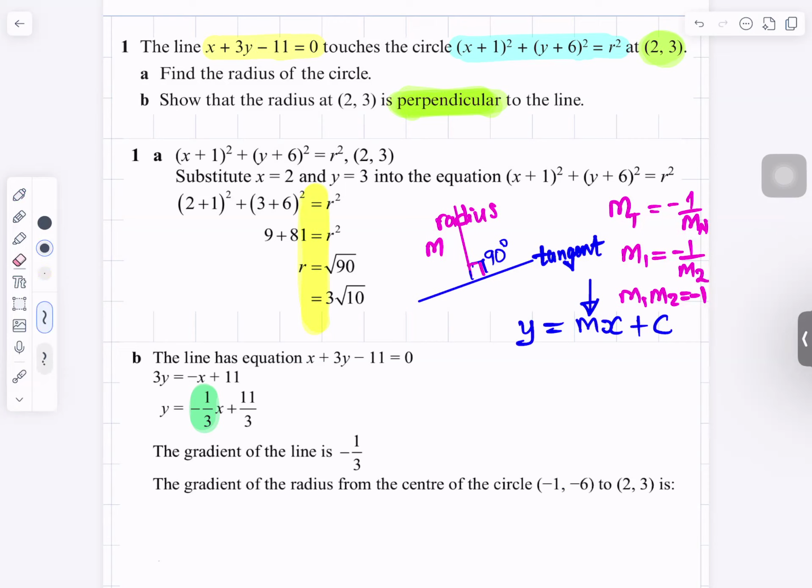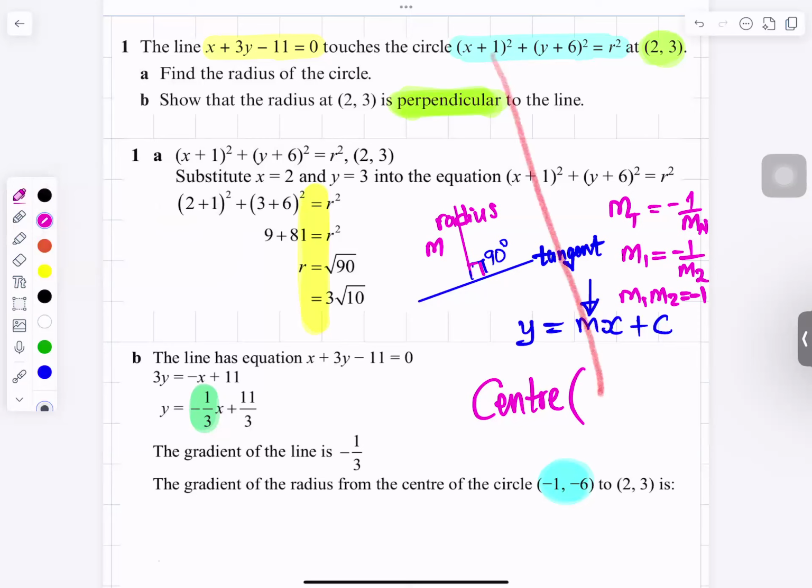Then you need to find the gradient of the radius from the center. What are the coordinates of the center? From the question, it's +1, so it'll be -1.